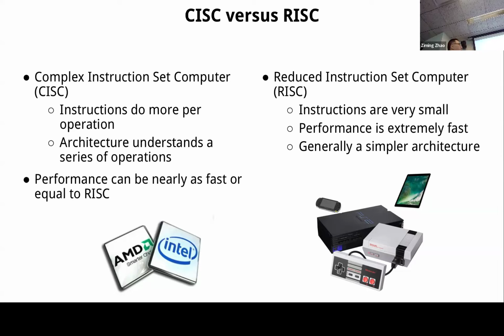You can save more space and make the CPU physically much smaller. When you make the CPU smaller, the energy cost will also be lower, and the temperature of the CPU will also be lower. So there are many benefits of that.